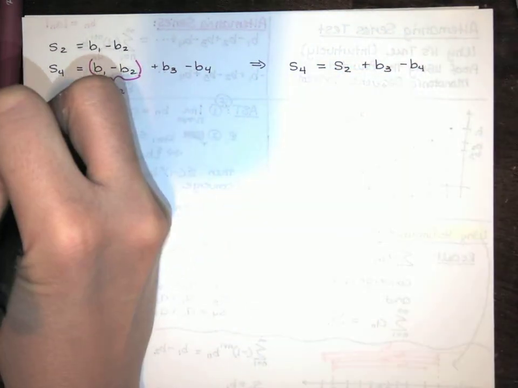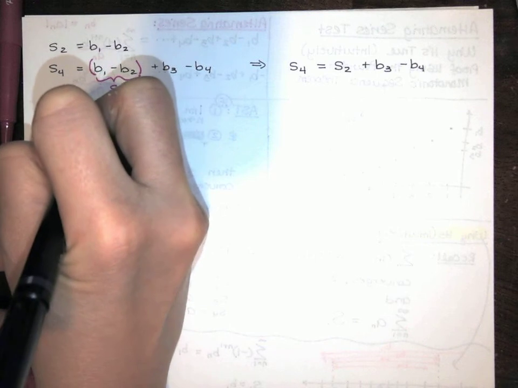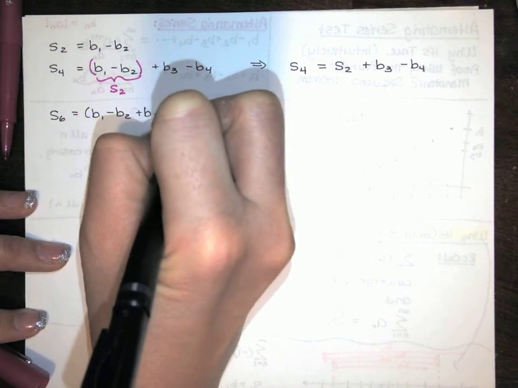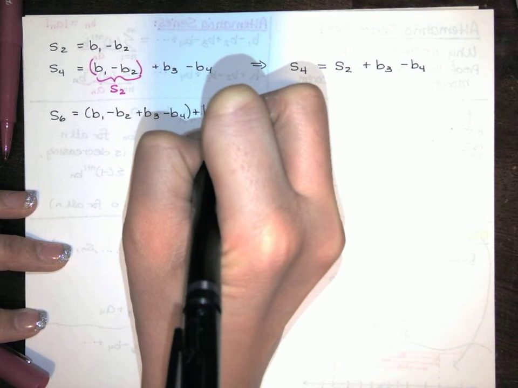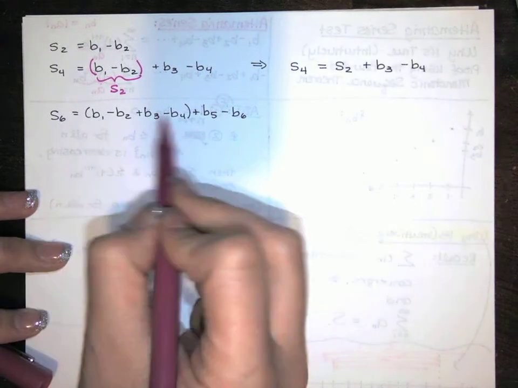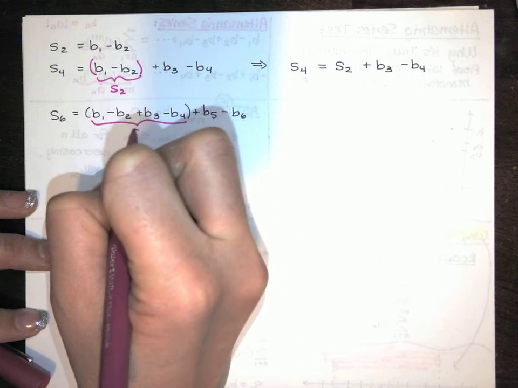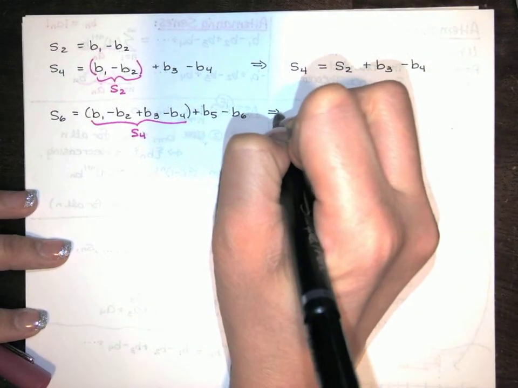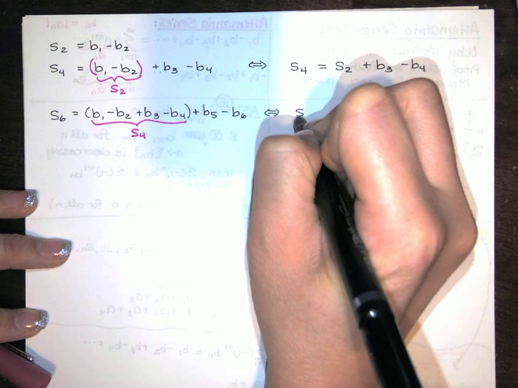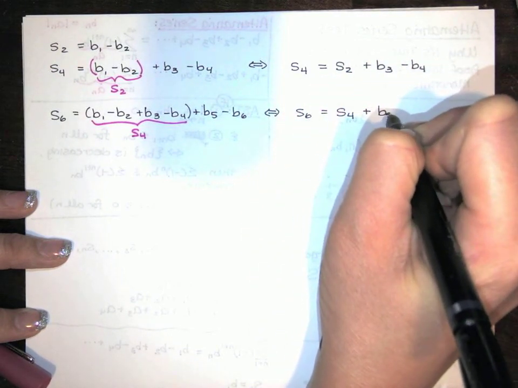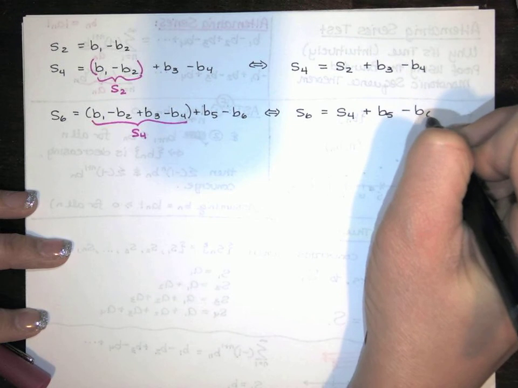And then we said, well, what happens with S sub 6? Well, you take b sub 1 minus b sub 2 plus b sub 3 minus b sub 4, and then you add b sub 5 minus b sub 6. And we said, hey, the sum of the first four terms is S sub 4. So this can be rewritten: S sub 6 equals S sub 4 plus b sub 5 minus b sub 6.